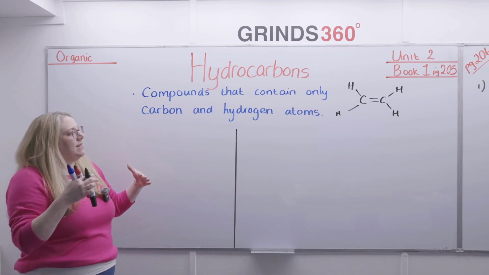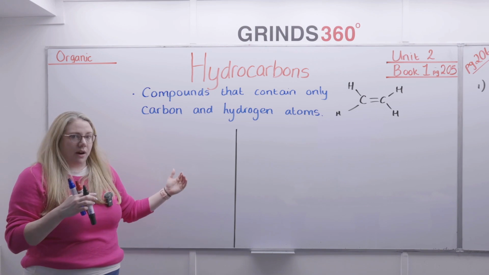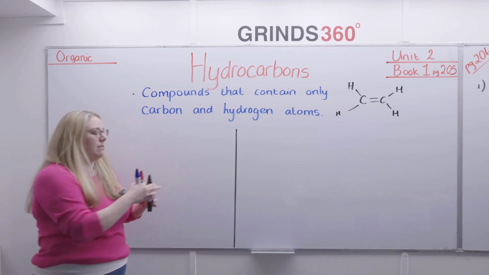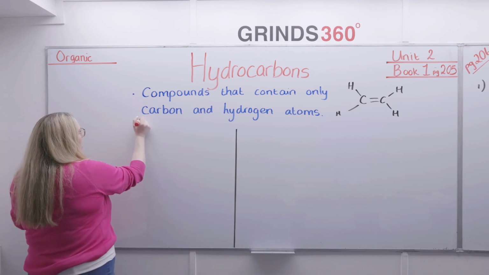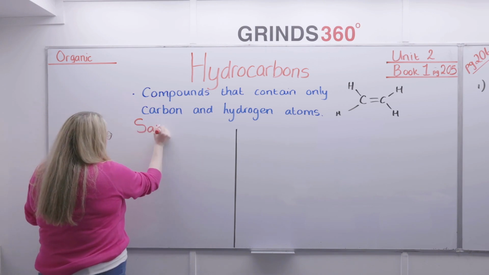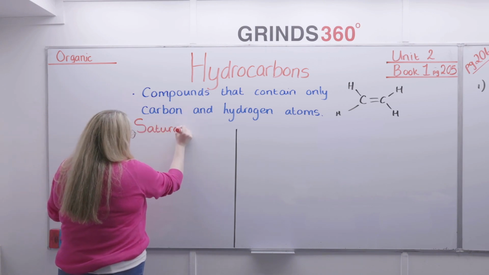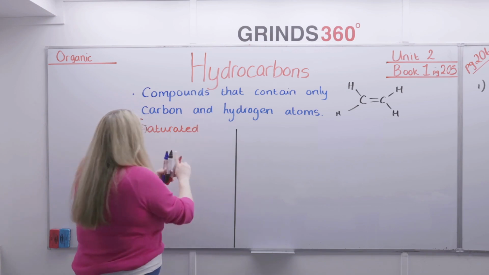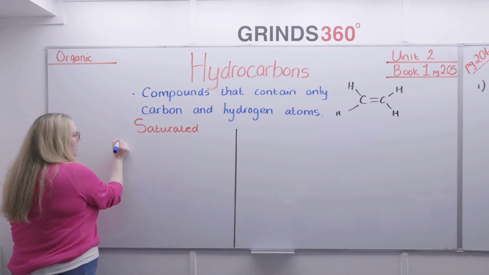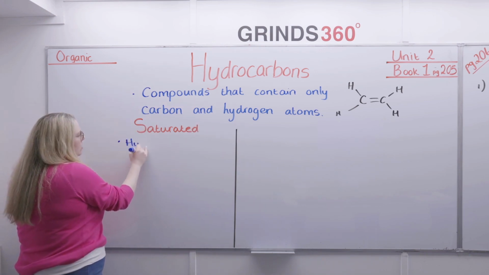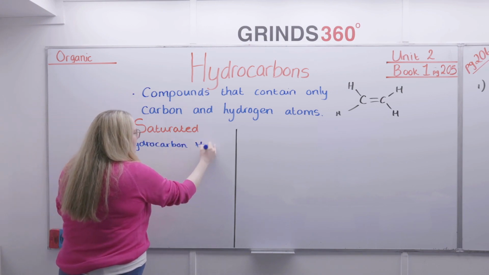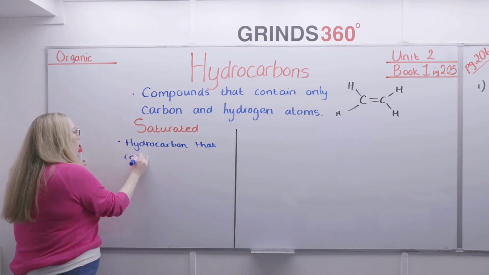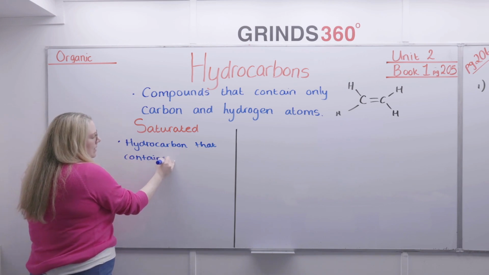That leads to this idea of different types of hydrocarbons, and there's 2 names that you have to remember here. The first one is a saturated hydrocarbon. Now, the definition for what a saturated hydrocarbon is, it is a hydrocarbon that contains all carbon-carbon single bonds.